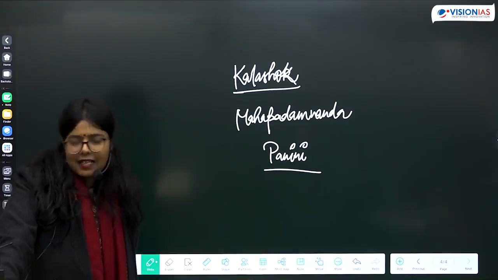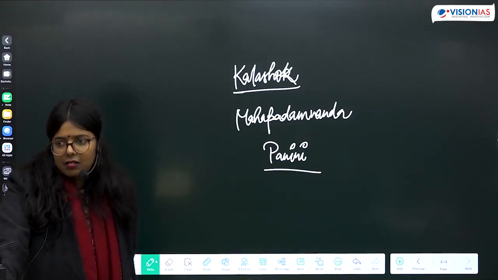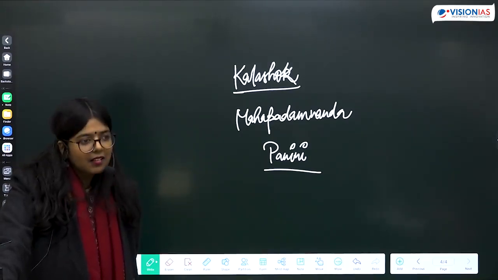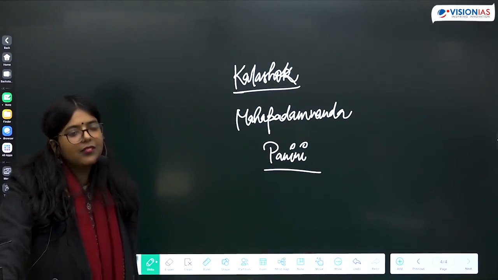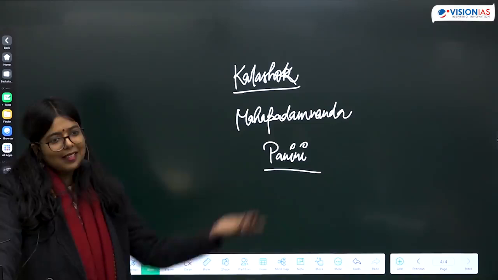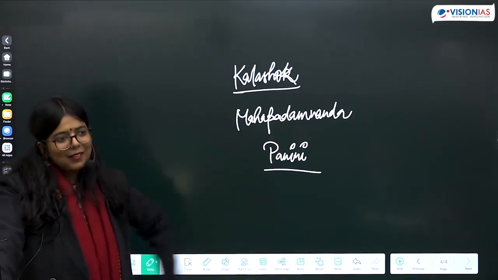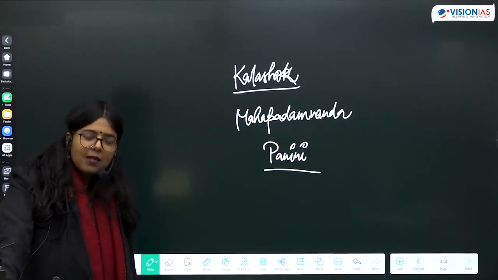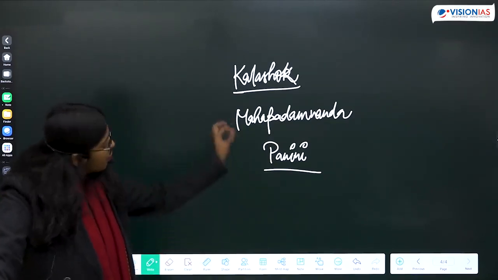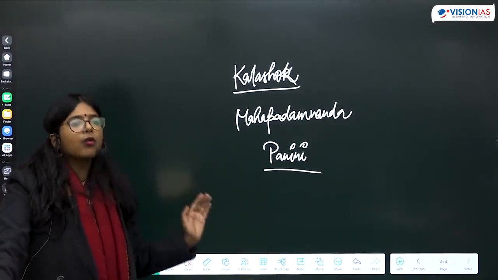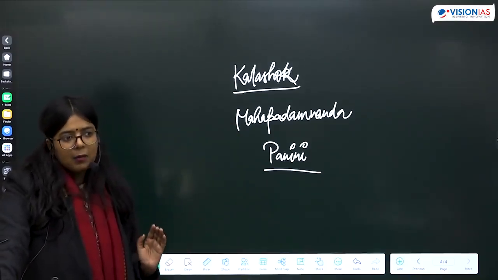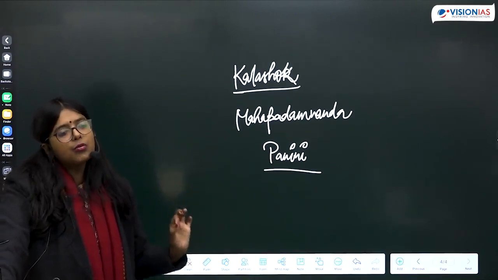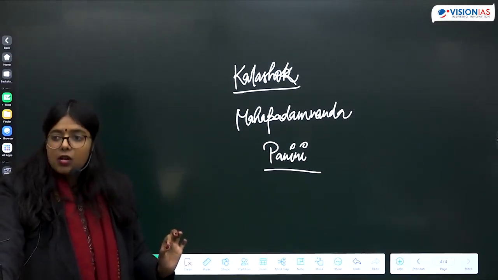Is it also a lexicon? Dictionary. The fancy word is lexicon, you can say. Sometimes UPSC gives these kind of terms as well, so we should know that. See, when we are talking about texts belonging to this particular genre of Sanskrit grammar, they are often used as lexicons also.